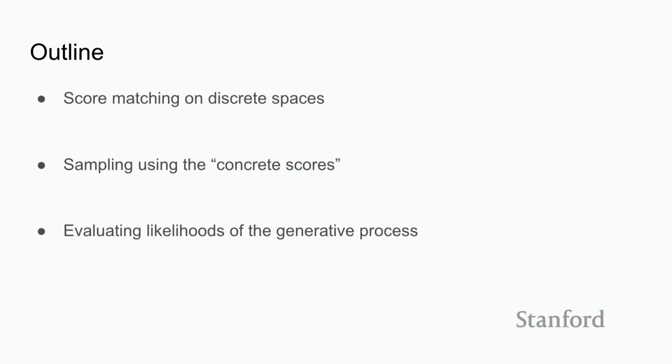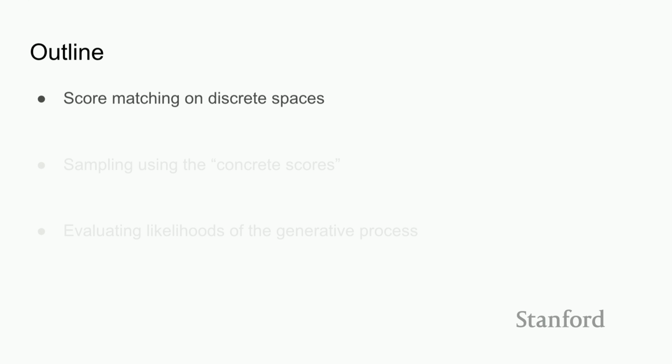And finally, when we build this generative model to generate new sequences, can we evaluate likelihoods? The reason we want to evaluate likelihoods is to compare fairly with autoregressive modeling on a lot of perplexity-like tasks. And so, first point, can we generalize score matching to discrete spaces?